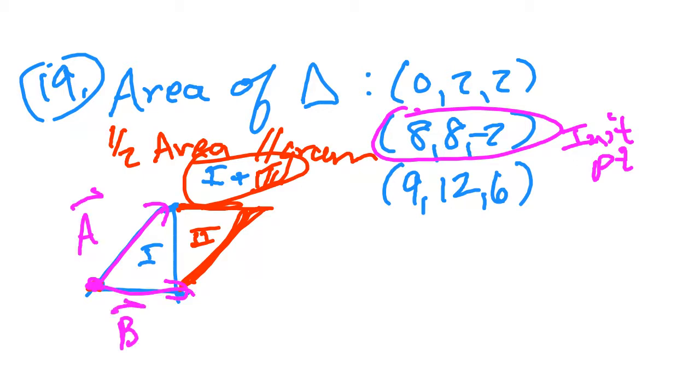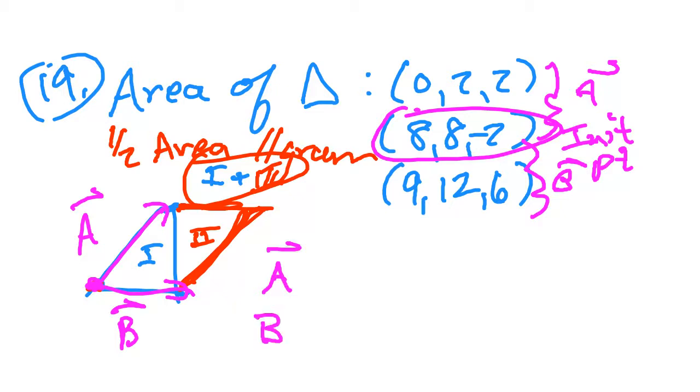I'm going to use these two for A vector and these two for B vector, so I have to come up with that. Jordan, come up with A vector, and Isaac, come up with B vector. Remember how to do that?